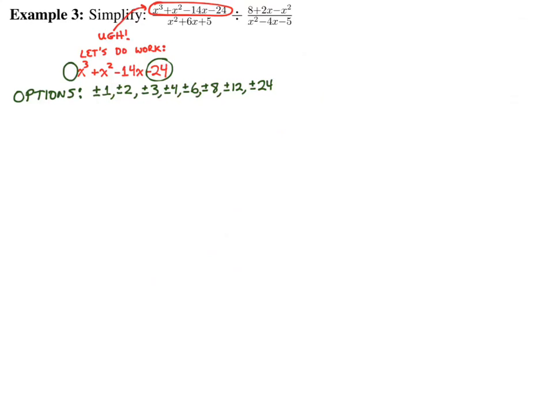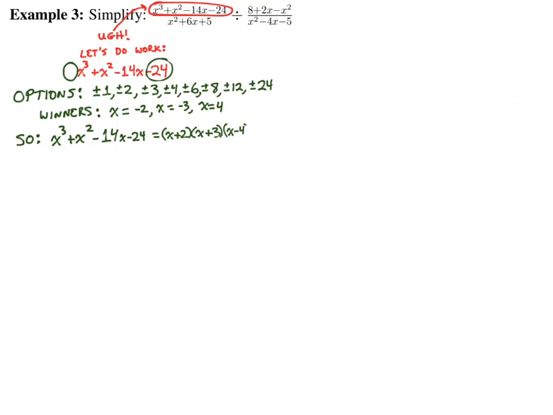At least the leading coefficient is 1, so we don't have fractions to worry about. If you do this, you'll get winners at negative 2, negative 3, and 4. That's 3 factors, which is enough to make it work, meaning that original cubic can be factored: x plus 2, x plus 3, x minus 4.